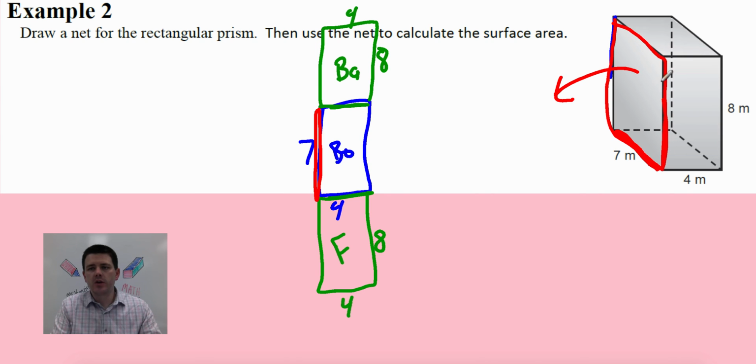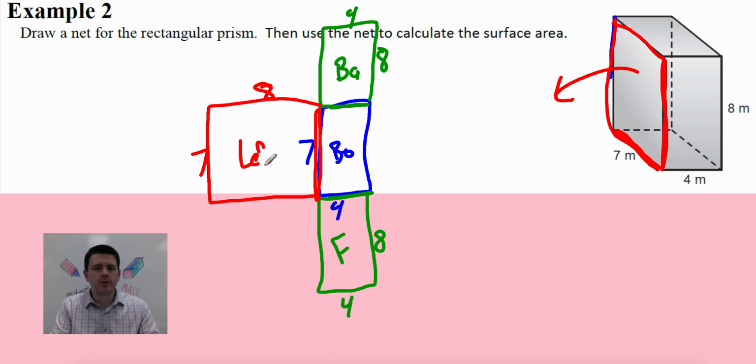The other dimension going up is the same as this 8 over here. So it's going to tip out by 8. Notice how this edge here is 8, so is this edge here, even though I didn't draw them quite the same size. Those 2 edges kind of match up with each other. When you fold the box back together, those kind of connect on that side. So they're meant to be the same measurement.